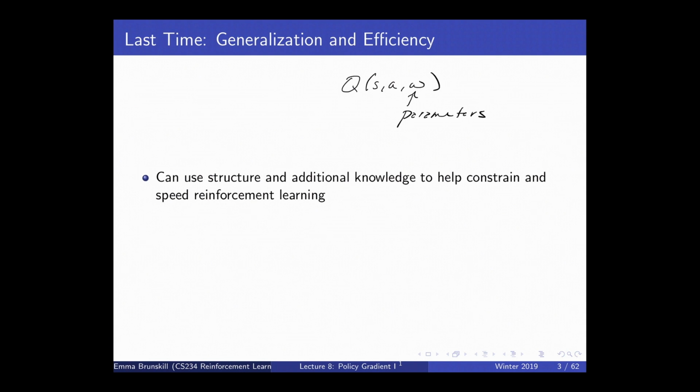That choice might be fairly strong, like assuming it was linear, which is quite a strong assumption. Or it might be a very weak assumption, like using a deep neural net. So when we specify these function approximations and representations, we're implicitly making choices about how much structure and domain knowledge we want to put in for our agents to learn.